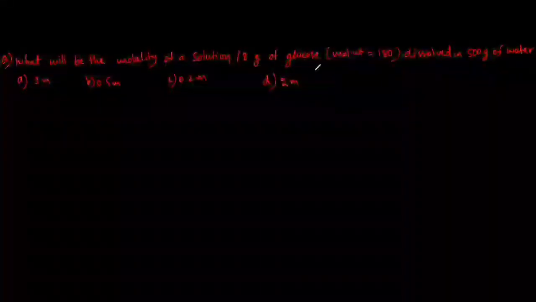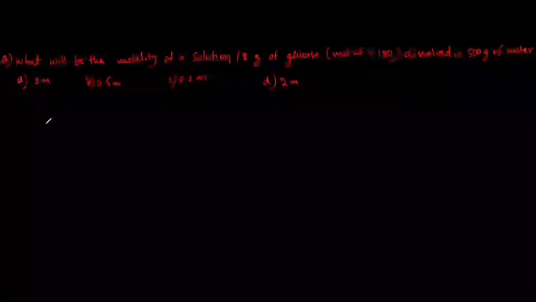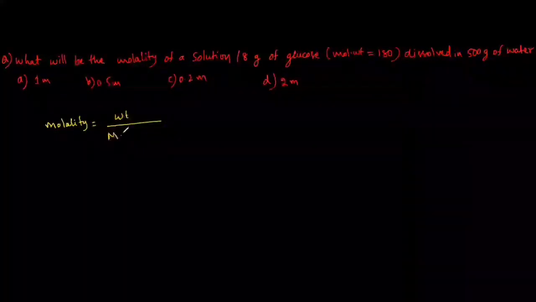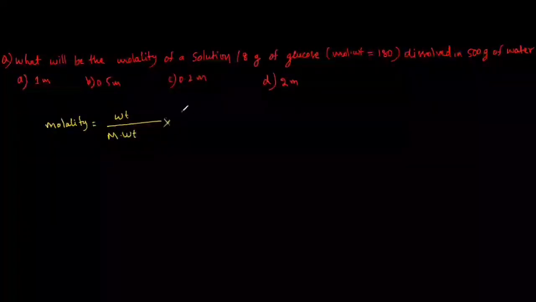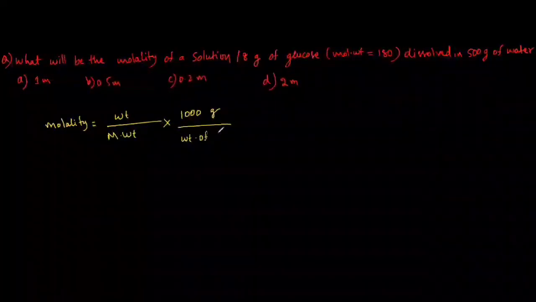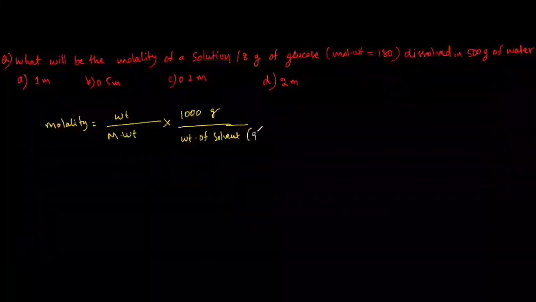What will be the molality of a solution of 18 grams of glucose, molecular weight 180 grams, dissolved in 500 grams of water? Molality is equal to weight of solute by molecular weight of solute into 1000 by weight of solvent in grams.